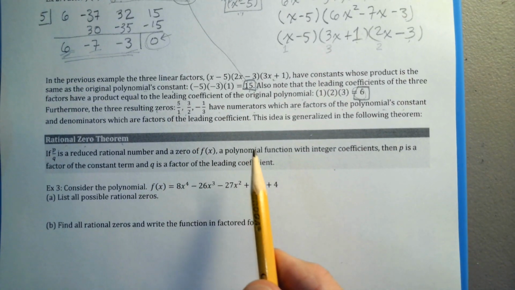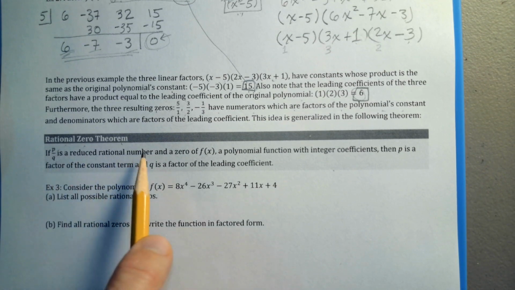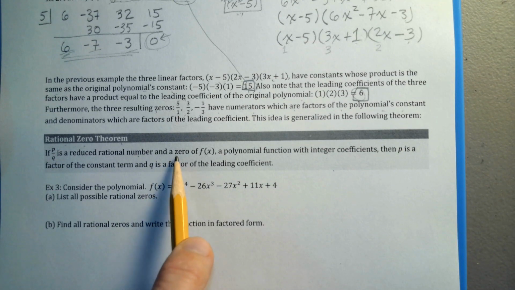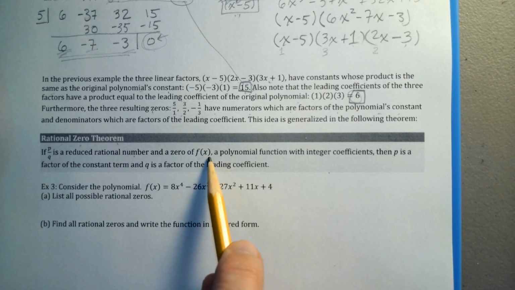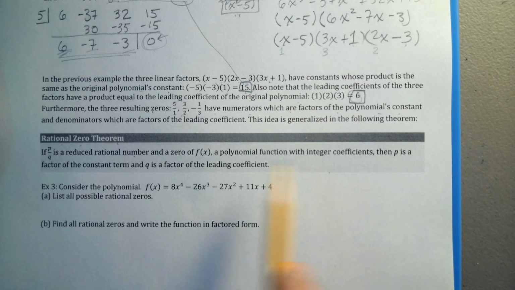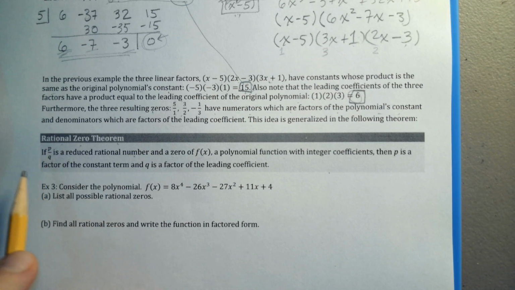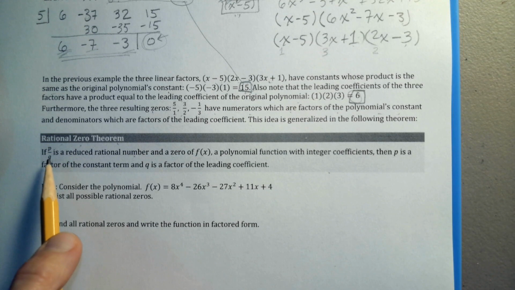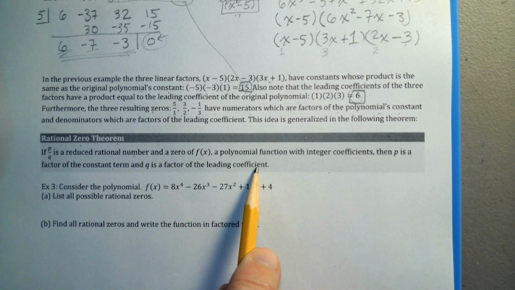So if P over Q is a reduced rational number, a fraction reduced, and it's a zero of the function f of x, the polynomial function, then P, the numerator, is a factor of the constant term, and Q, the denominator, is a factor of the leading coefficient.